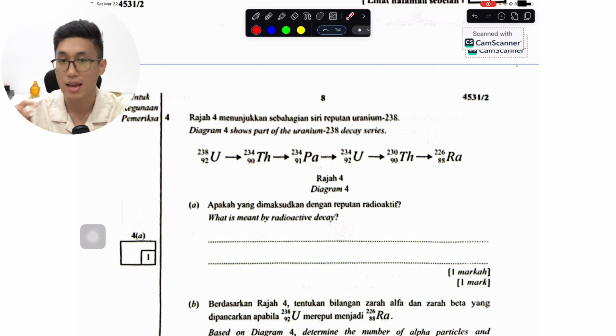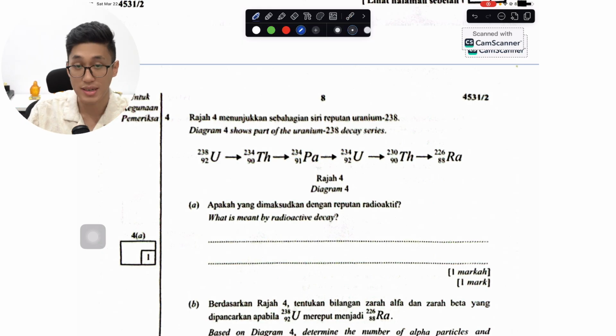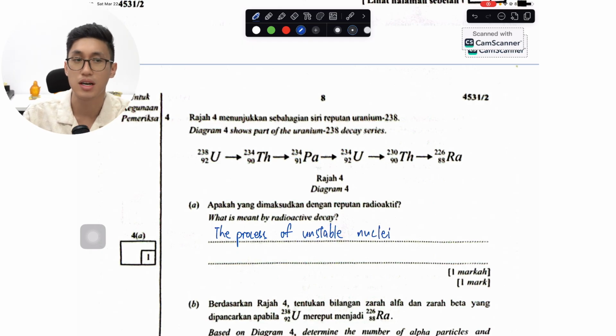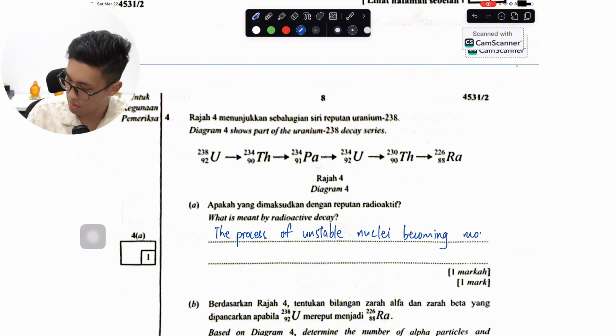Okay, so those things are radiation, right? So radioactive decay is the process of unstable nuclei. Nuclei is basically just the plural of nucleus. If you wrote unstable nucleus, never mind, it still can be correct. So the process of unstable nuclei becoming more stable, okay, becoming more stable by doing what?